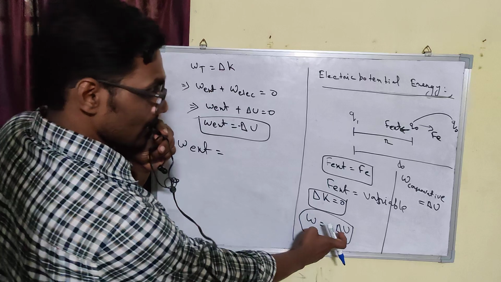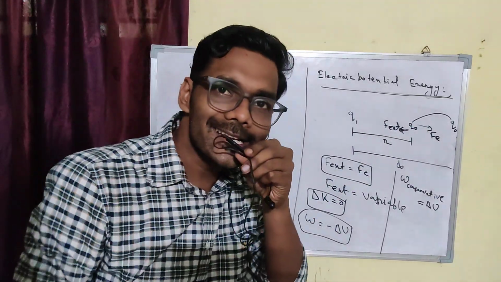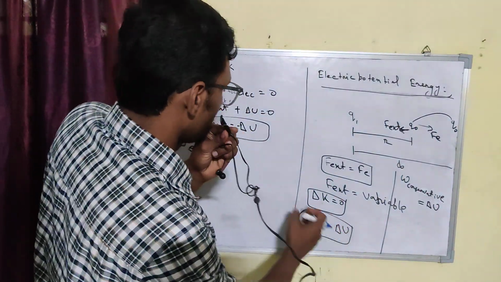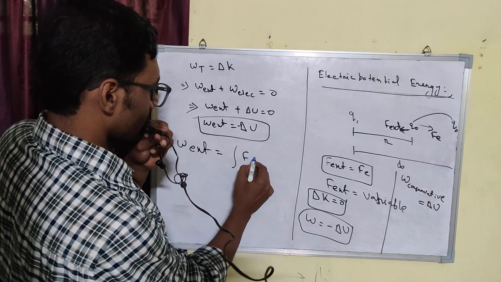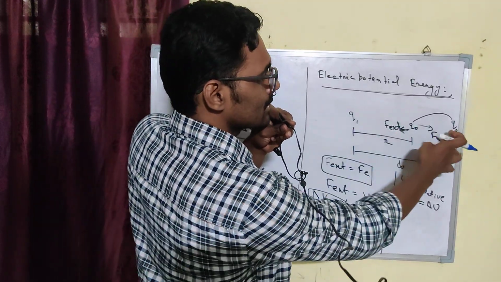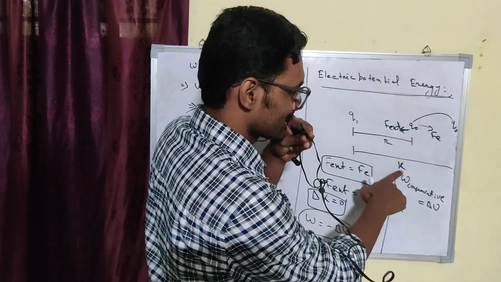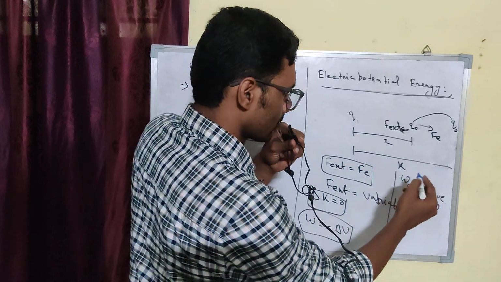So the potential energy will be the work done, and we need to find that work done. That work done will be the change in potential energy. So work done will be F dot dx. Let's say this test charge was at a distance x, and x varies from r to infinity.